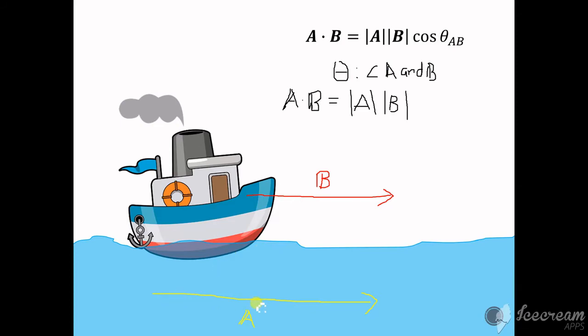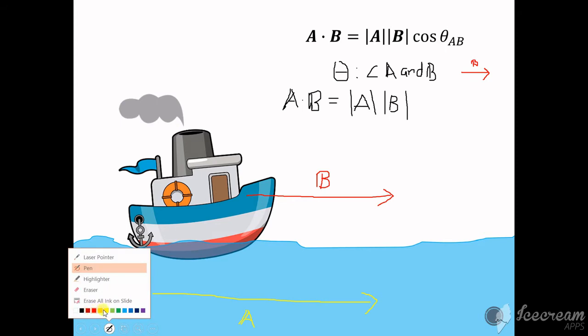Now we have vector a here and vector b here, so I'm going to redraw that. Vector a is in this direction. This is b, b is in this direction, and vector a is also in the same direction.